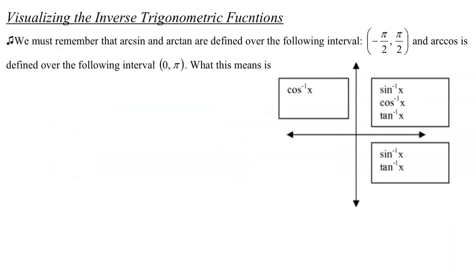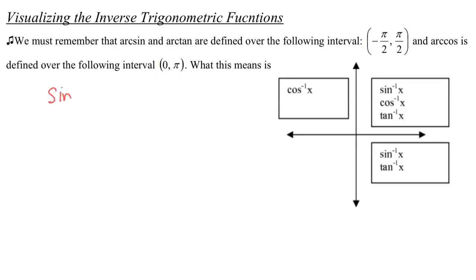Okay, this slide is simply designed to help you understand how to figure out what the sign of the answer, S-I-G-N by the way, positive or negative, is going to be depending on which quadrant we're talking about, or really whether we're talking about a positive argument or a negative argument. And so let me see if I can explain what I mean here.